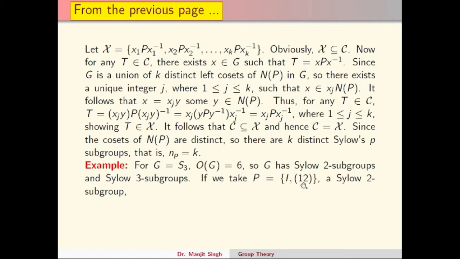If we take P as a subgroup of G having these 2 elements, a Sylow 2-subgroup, and take the normalizer of this, obviously it is equal to P. So the normalizer of P is P. So the number of Sylow 2-subgroups is order of G upon order of N(P).